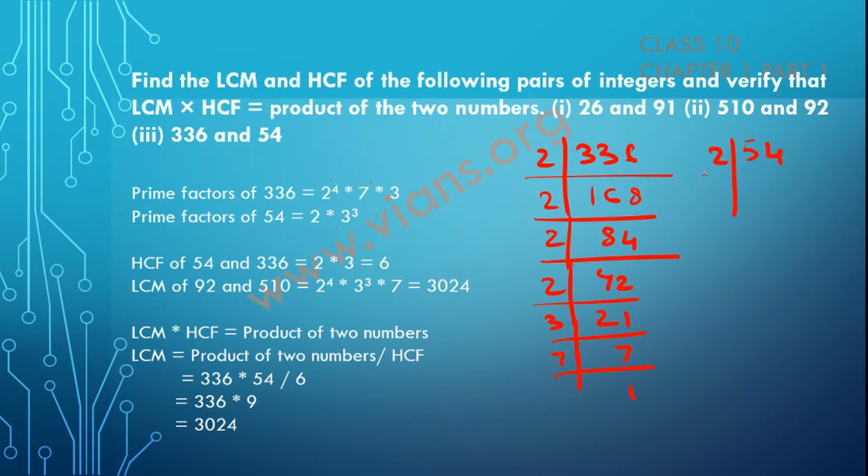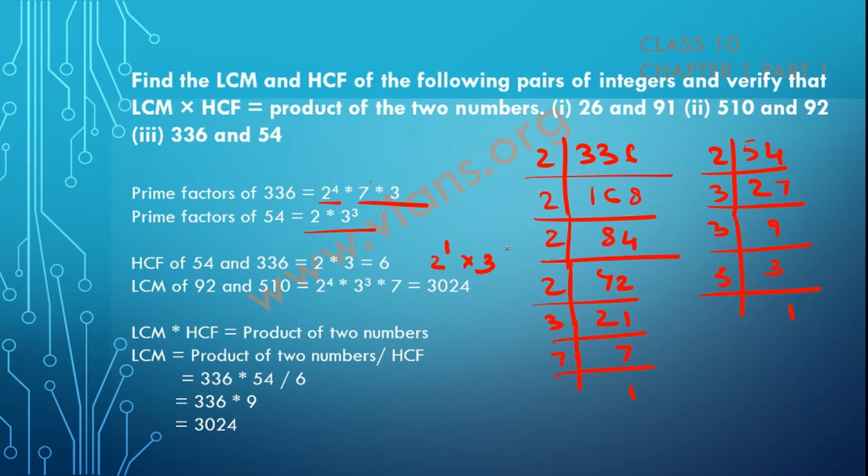This is 336, and 54 can basically be expressed as 2 into 3 cubed, that's what 54 is, and 2 raised to 4 into 7 into 3, that's what your 336 is. So the HCF of 54 and 336 is going to be the common factors between both these numbers, which are nothing but 2 and 3 raised to the lowest power.